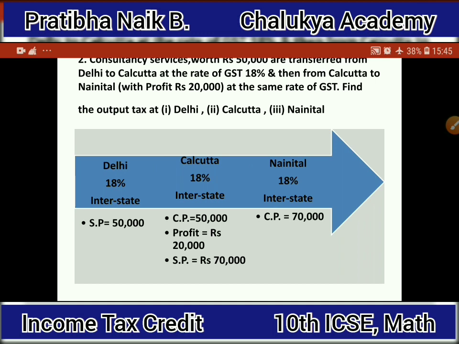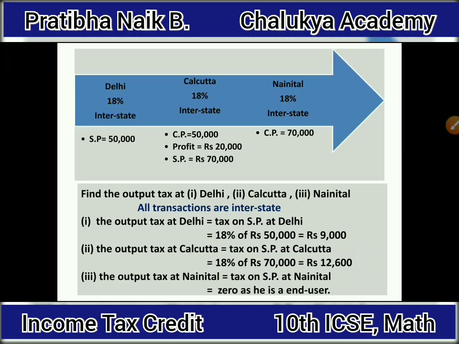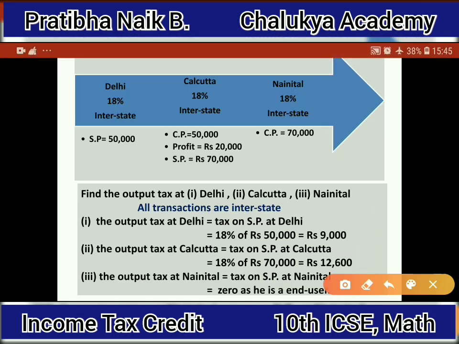Output tax at Delhi. So now let's find out the output tax at Delhi. When I have to find out the output tax at Delhi, we will concentrate only over the transaction done at Delhi. Output tax means we have to find out the tax on the selling price. Here you have to mention that all transactions are interstate.